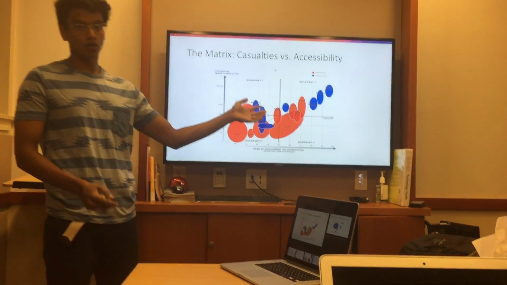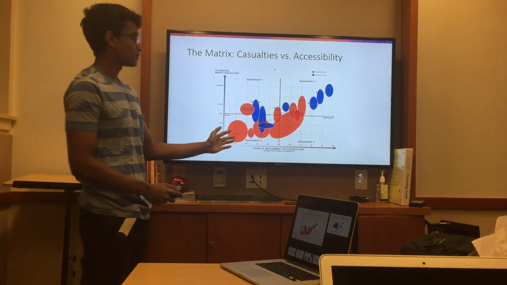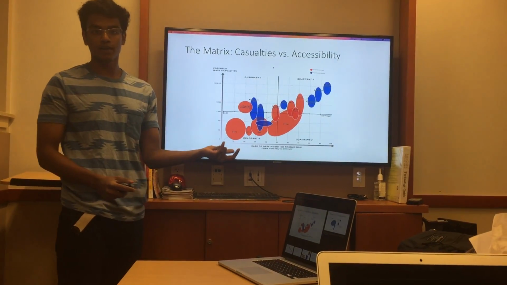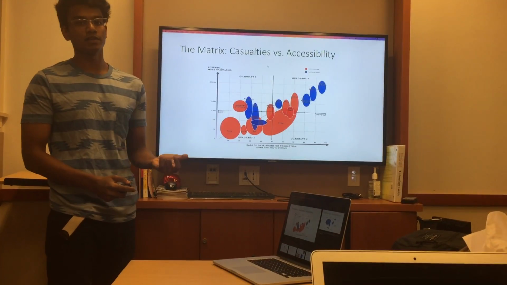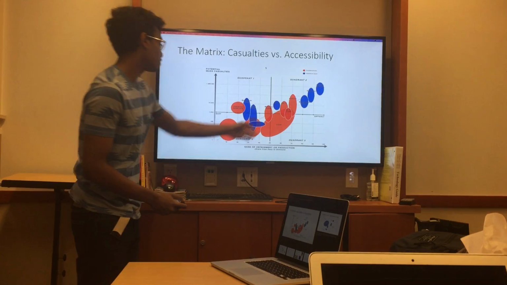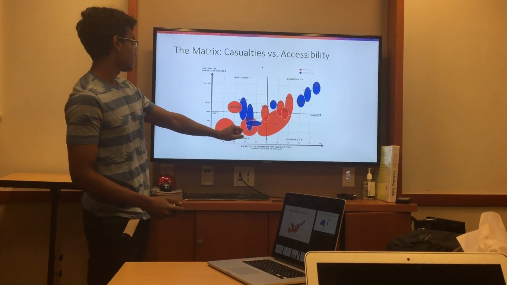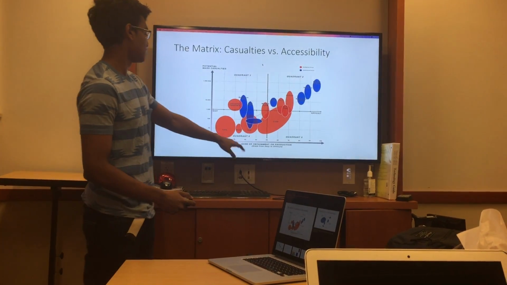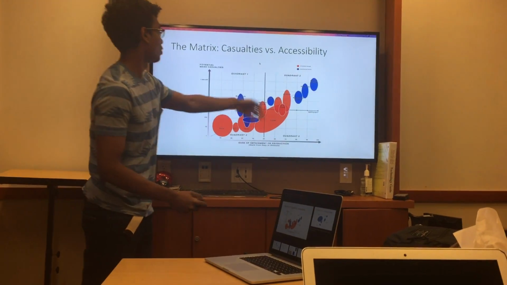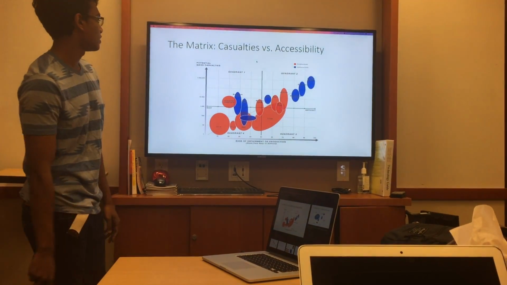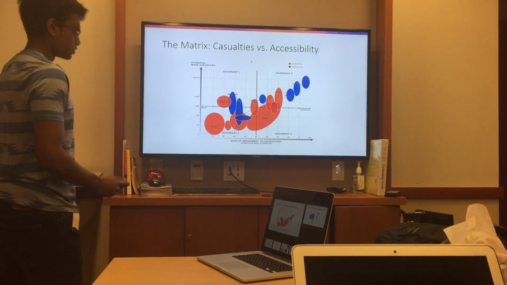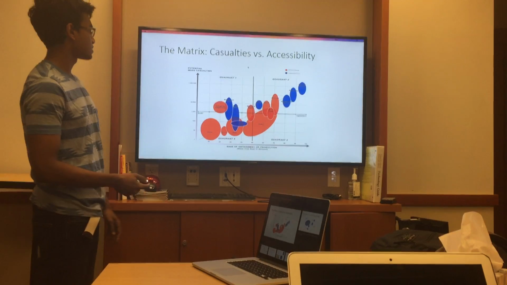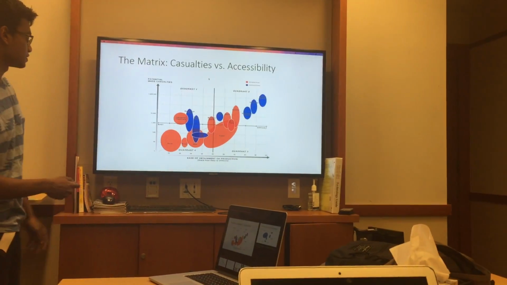And then potentially, if those are very high class companies, hackers can use that information to cause more threat. And that would be a low ease of obtainment, or it's pretty easy to do that, but it also has a pretty high cost in terms of casualties. So this is just one threat matrix that analyzes both casualties and accessibility.